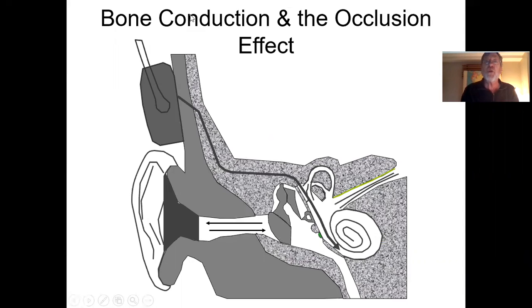So a person with a conductive hearing loss will have a hearing loss by headphone. That's called air conduction, because the sound is coming out of the headphone and going through the air of your ear canal. They'll have a hearing loss this way. Take that off, put the bone thing on, and deliver the sound through bone conduction, and you hear like a baby. That means you have a conductive hearing loss.